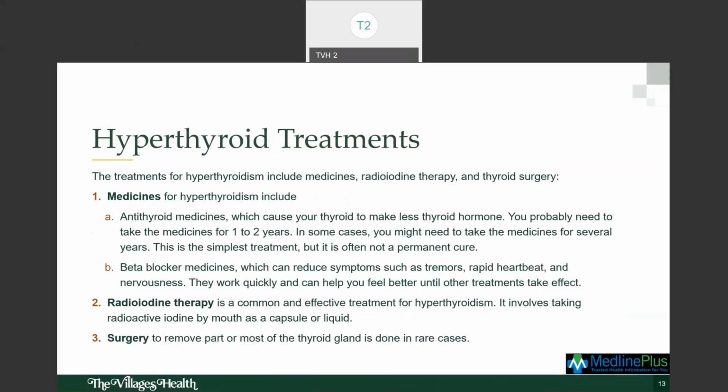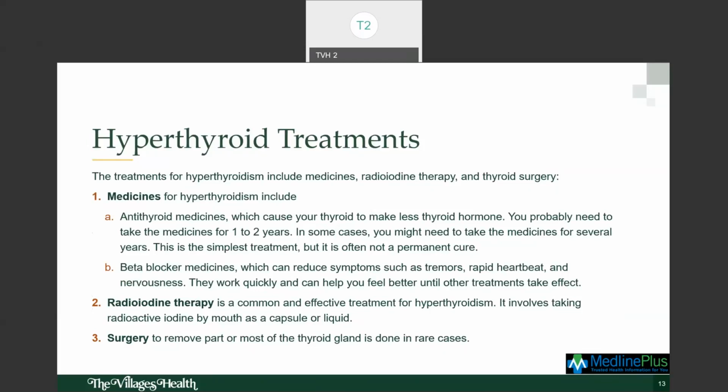Some of the common medications given for hyperthyroidism are anti-thyroid medications, which cause your thyroid to make less of the hormone. Hyperthyroidism is excessive, it's more, so we want it to make less. So they're going to give you a medicine to decompress the thyroid from stimulating all the hormone.